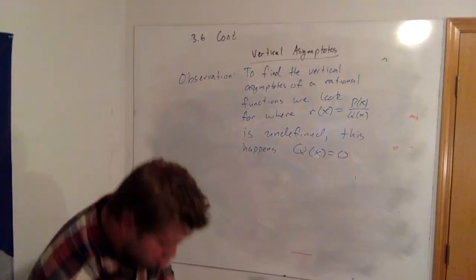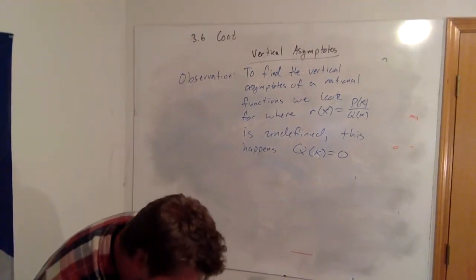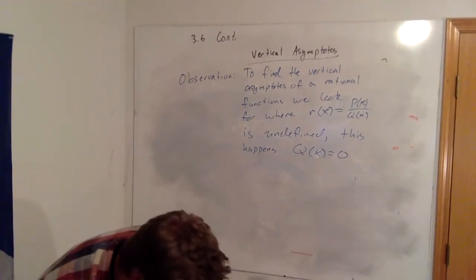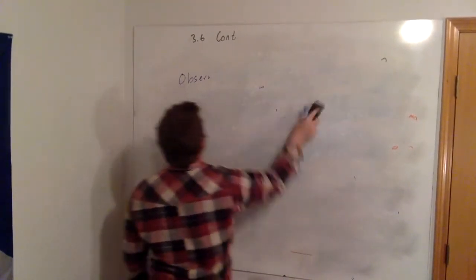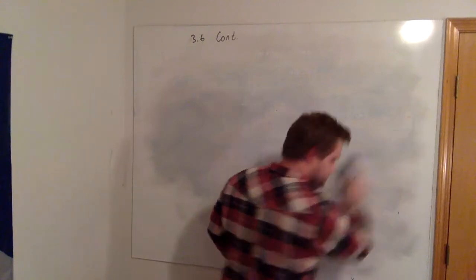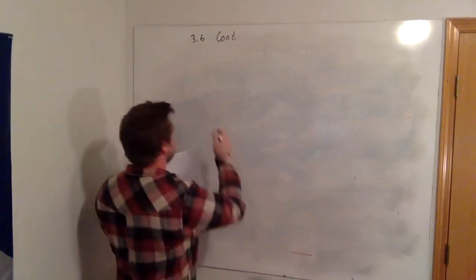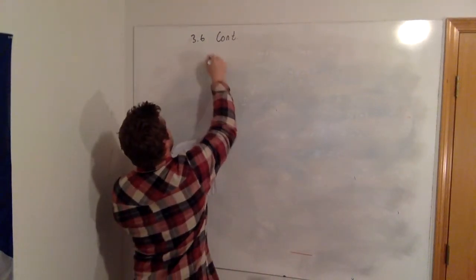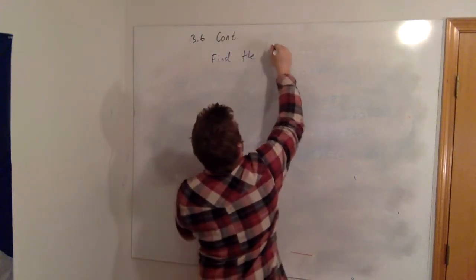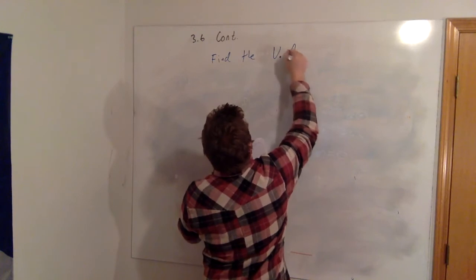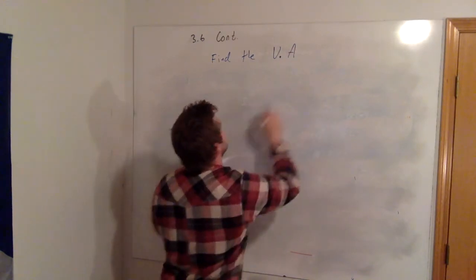Okay, so let's just do a couple examples. For these examples, we're going to find, I'm just going to write VA, the vertical asymptotes.